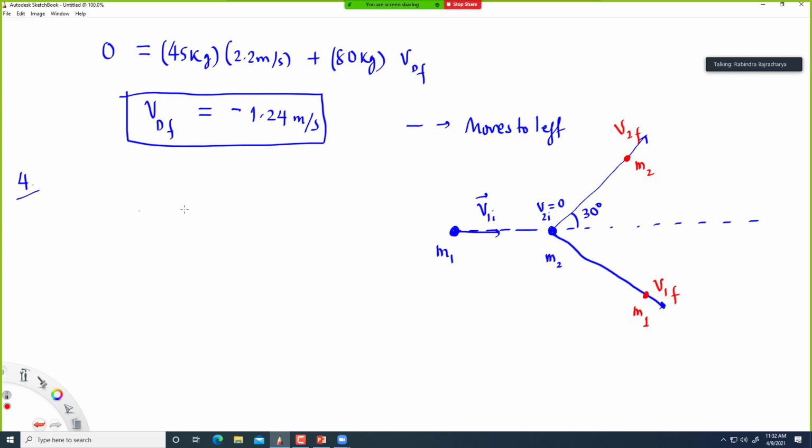Now, when we have two dimension like this, when it's not along a single line, we need to deal with x-axis and y-axis separately. Okay, so you need to use conservation of momentum separately along x and y direction.